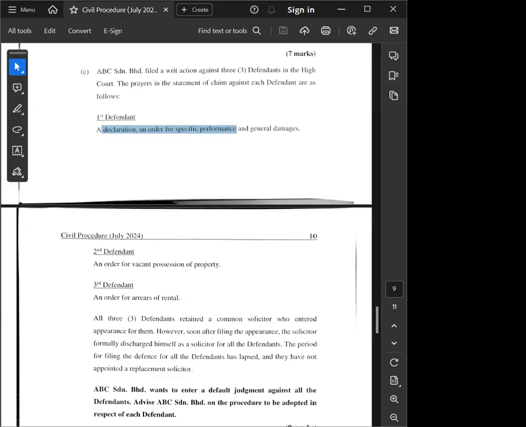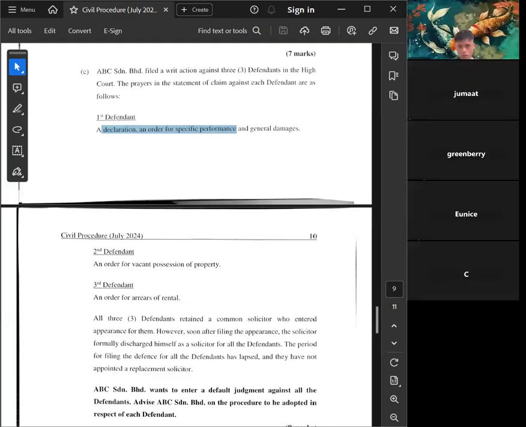The fourth is on immovable property. Any claim other than these is not allowed. That's why, looking at the fact that ABC wants to claim for declaration and order for specific performance, these are not allowed. However, general damages may be allowed. This is how you go about this question.